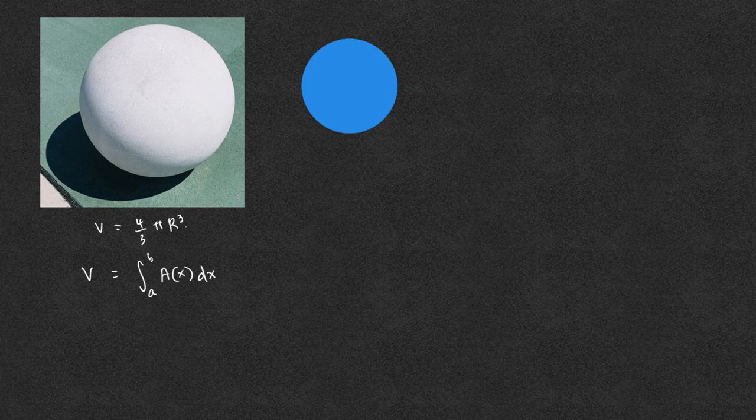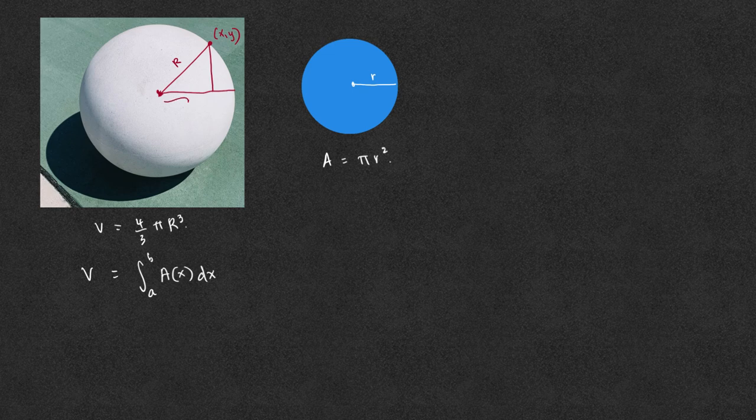Now this is the circle inside the sphere, so the radius r is called the little r, not the capital R. The capital R is the radius of the sphere, and the little r is the radius of the cross-section, which is also a circle. The area of this cross-section is pi r squared because it is a circle.